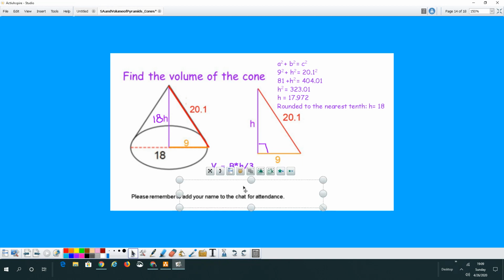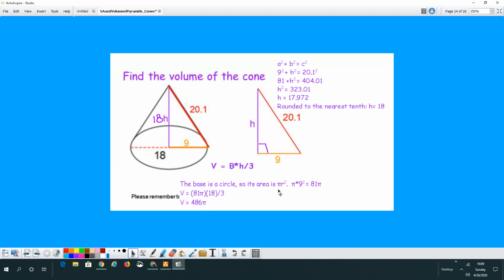So this is what it looks like. The base, again, is a circle, so the area is pi r squared. Pi times 9 squared is going to be 81 pi. Then we're going to take that 81 pi times the height of 18, divide it by 3. That gives us 486 pi.